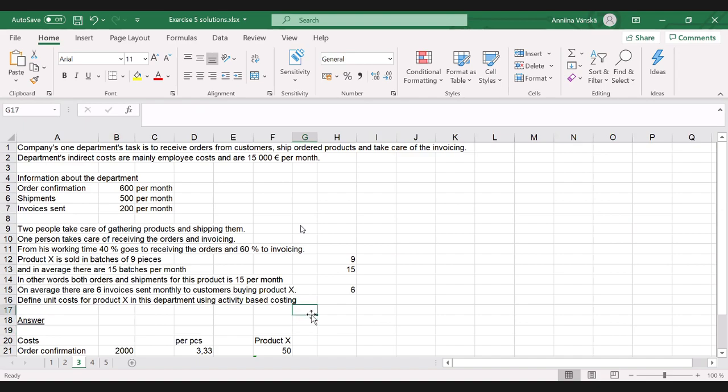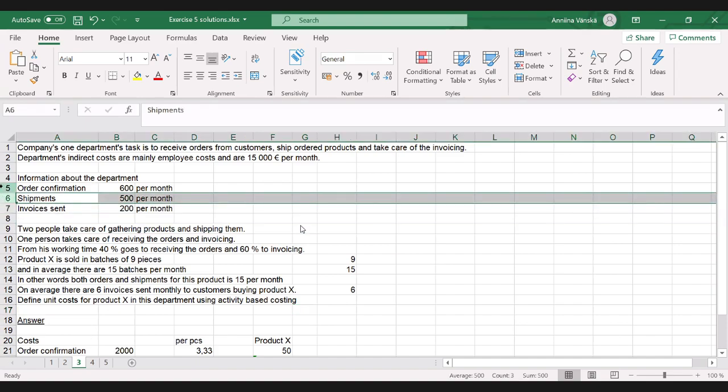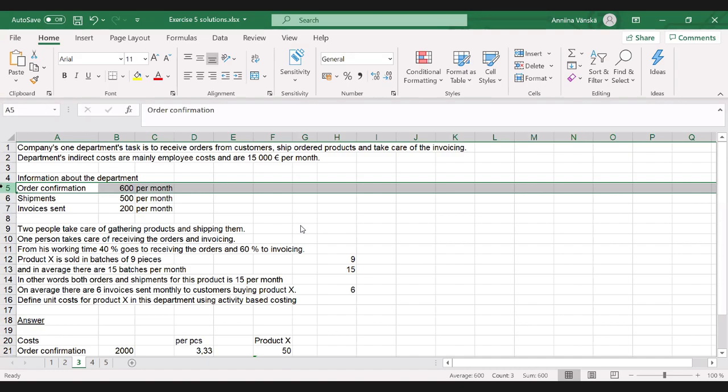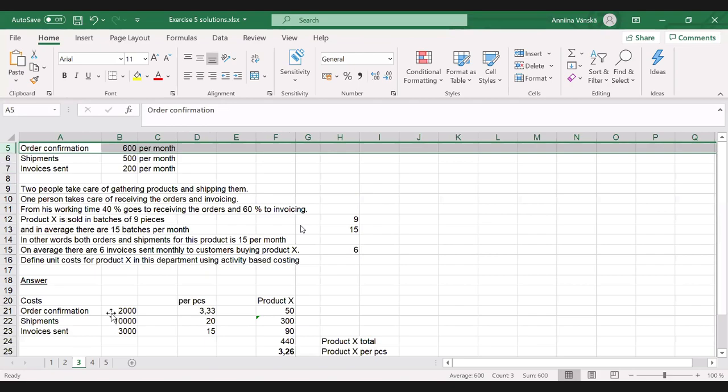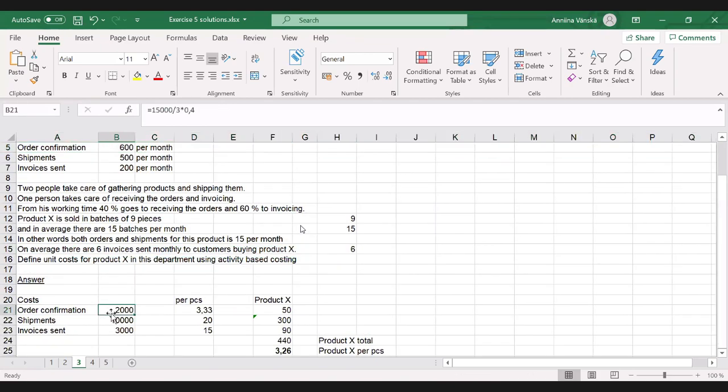Because the idea is to get the cost per, for example, sending the invoices. Yes, there are multiple ways to do it. So how do you get the cost per each of these activities? That's the first step here. And yes, there is not only one way, but here is one way of calculating the price per activity.